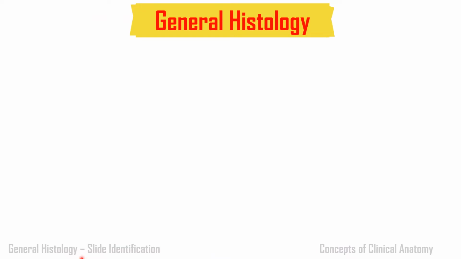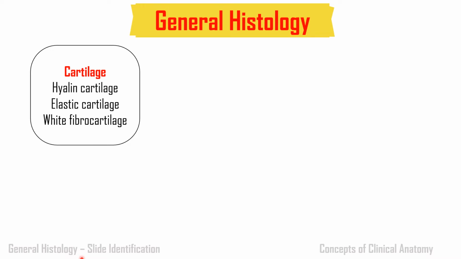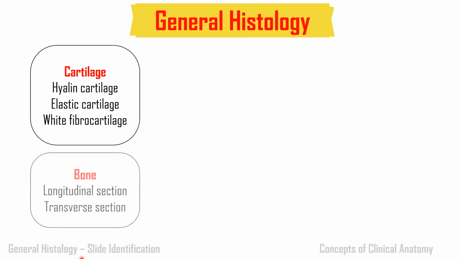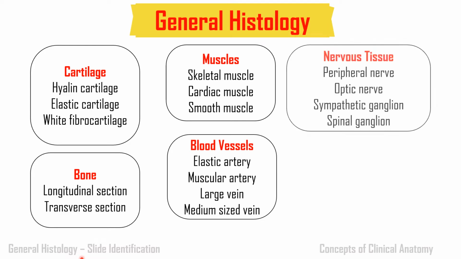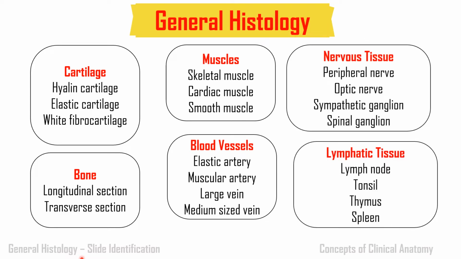In general histology, we have cartilage, bones, muscles, blood vessels, nervous tissue, lymphatic tissue and a few connective tissues also. So in this video I'm going to take you through a flow chart, that is one systematic approach to identify the general histology slides.